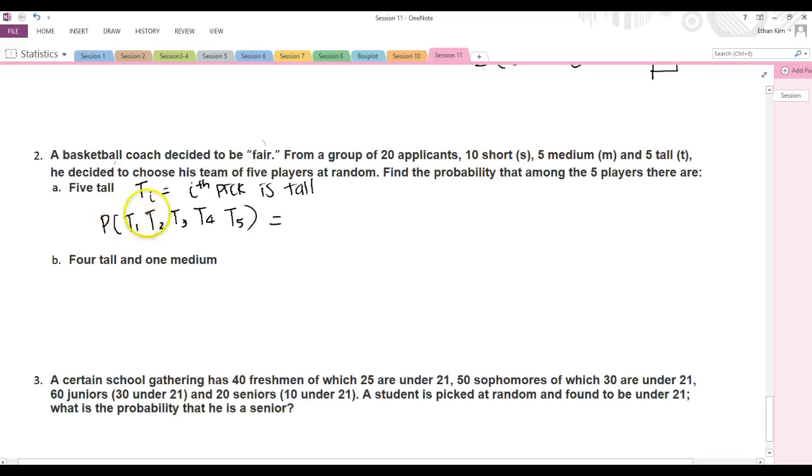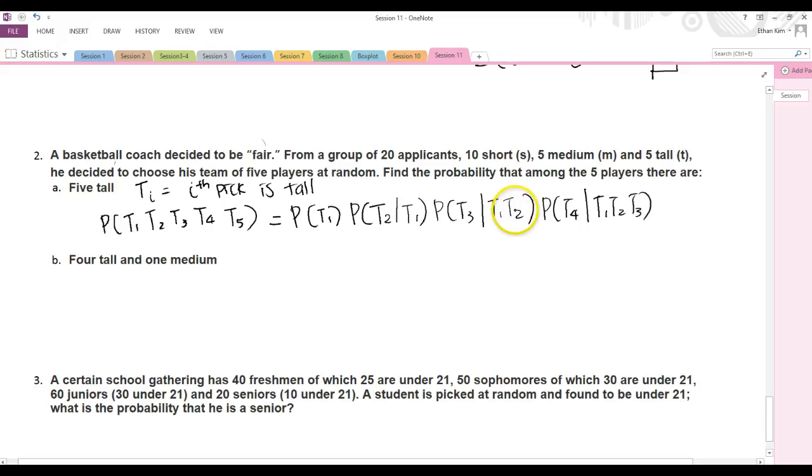And this, again using Bayes' theorem, can be rewritten as the probability of T1 times the probability of T2 given T1, times the probability of T3 given T1 and T2, the probability of T4 given T1, T2, T3, and lastly the probability of T5 given that these all happen, right?